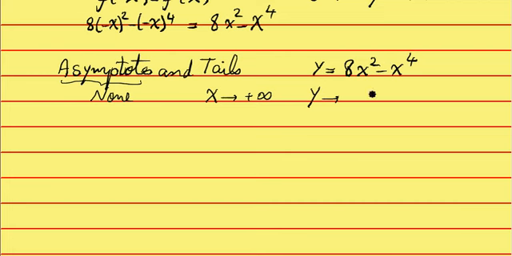Because of a negative in front of it, this is going to go to negative infinity. When x goes to negative infinity, the same thing happens, because we are raising it to an even power, you get the same answer. This means one tail of the function is in quadrant 4, and the other tail of the function is in quadrant 3.